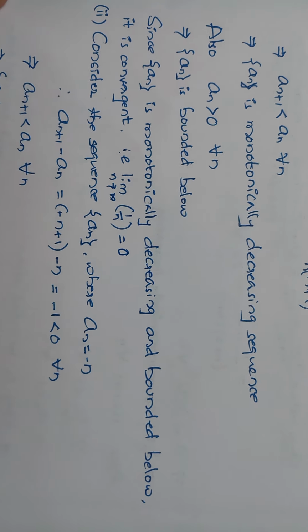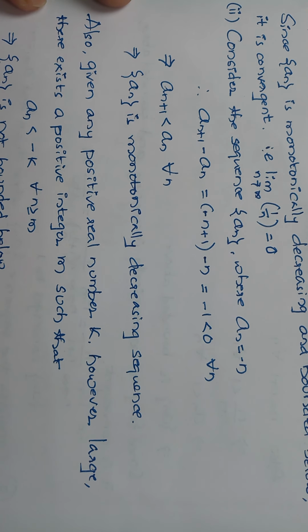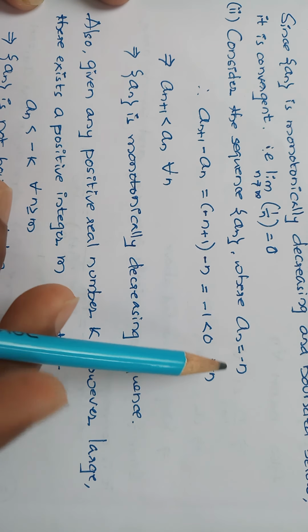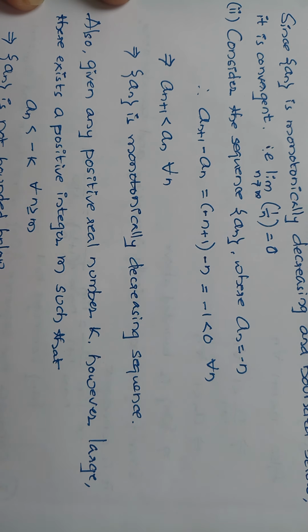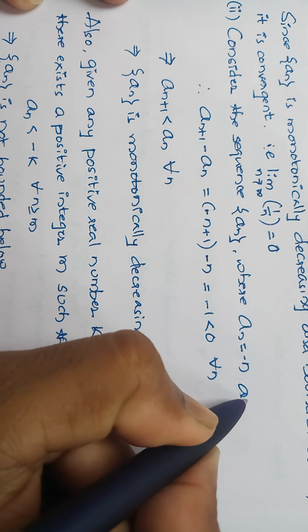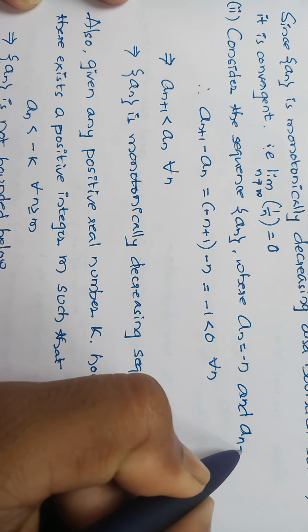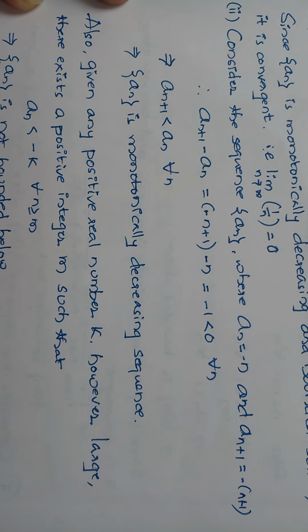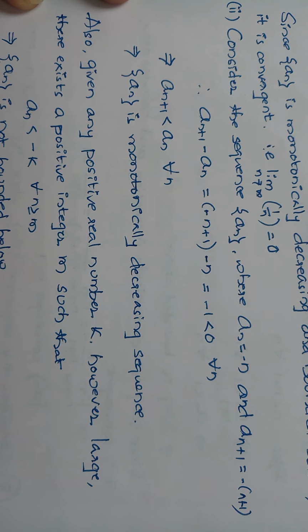Again, I am considering the sequence a_n where a_n is equal to minus n and a_(n+1) is equal to minus of n plus 1. Now check whether it is monotonically decreasing or not.